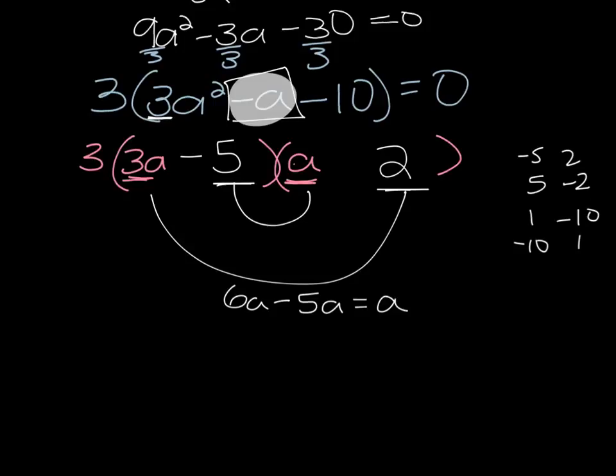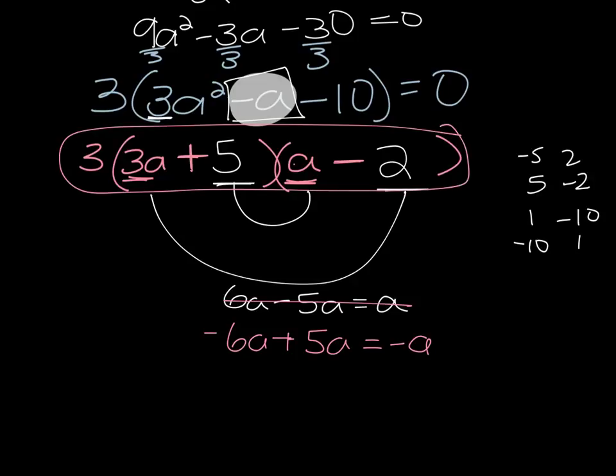So if I just simply switch the signs on these two, making this positive and this negative, now I get negative 6a plus 5a, which is negative a. So I know that's the combination that works. So this is still equal to 0.